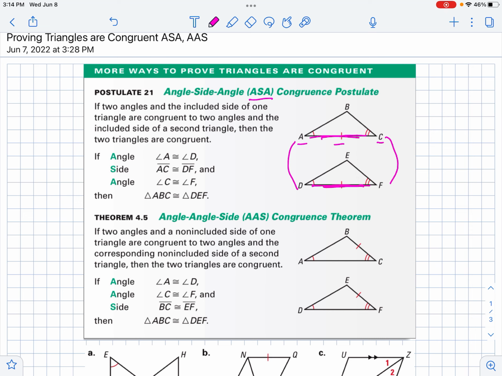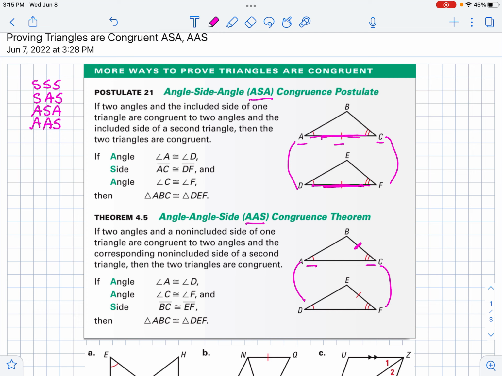Then we also have angle, angle, side. This time you still have the two angles that are congruent to their counterparts in the other triangle, but not the included side, one of the other sides. So we've got these four methods: side, side, side; side, angle, side; angle, side, angle; and angle, angle, side.